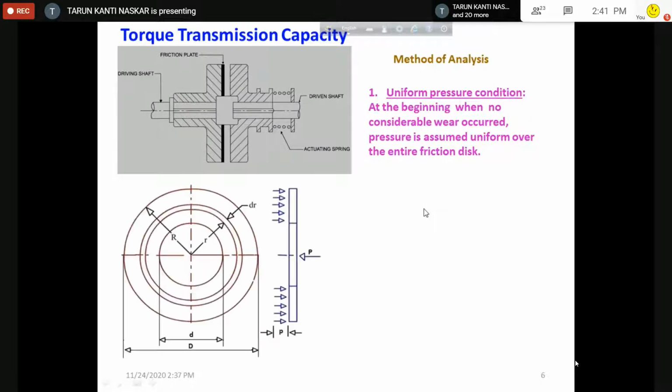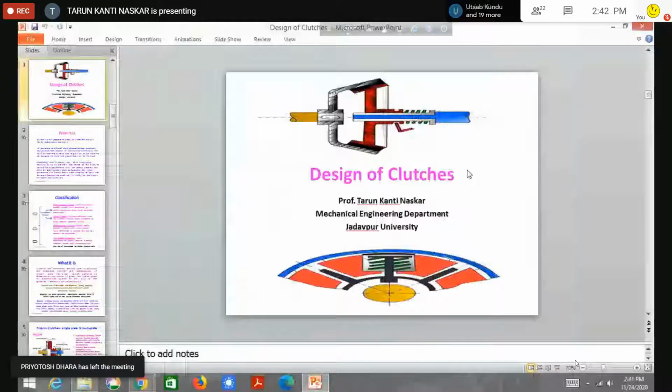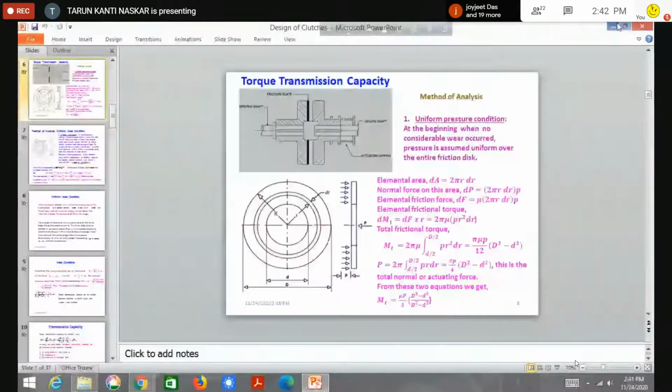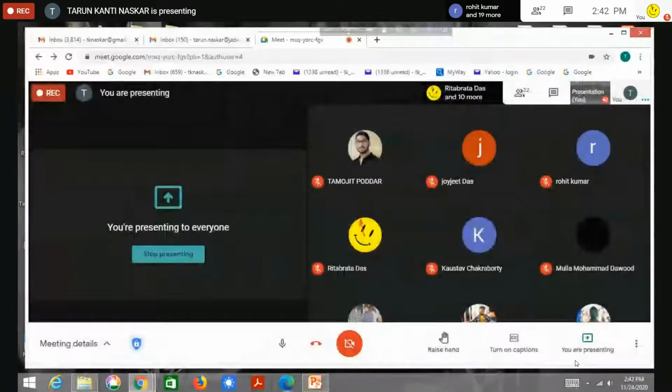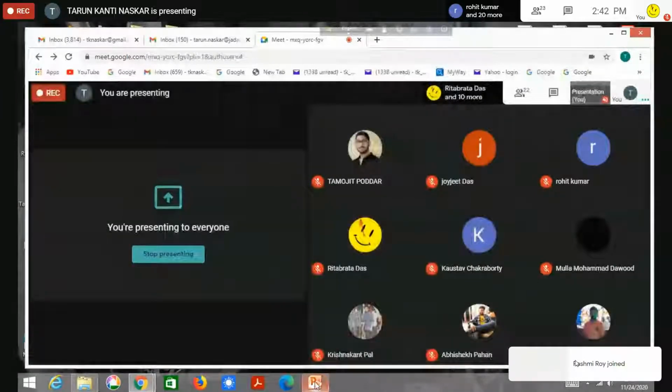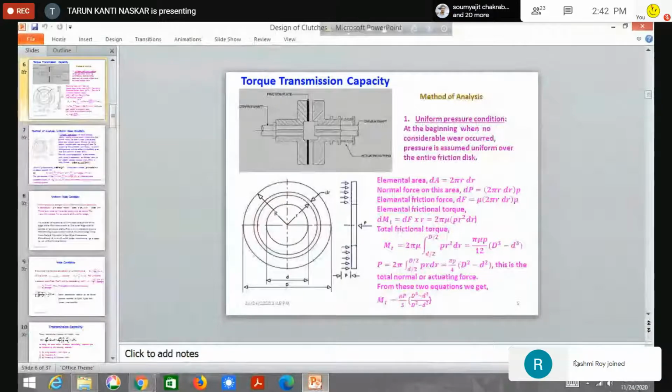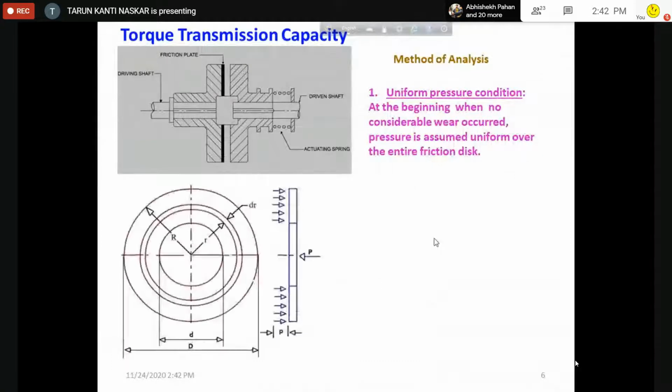Now we are analyzing on the basis of the uniform pressure condition. Now this is the disc, the friction lining.